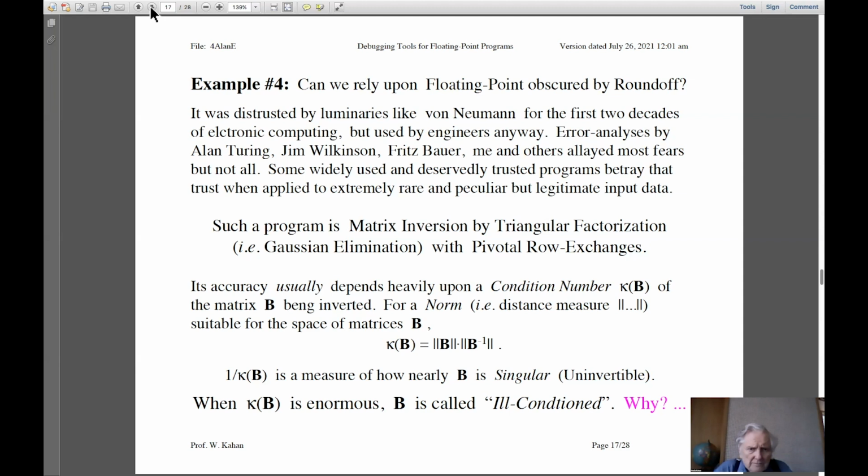This condition number near the bottom of the page, K of B, actually it's Greek letter kappa, is the product of the norm of B and its inverse. In consequence, the condition number turns out always to be at least as big as 1. It's 1 only for diagonal matrices and orthogonal matrices. It measures how close the matrix is to singular matrices.